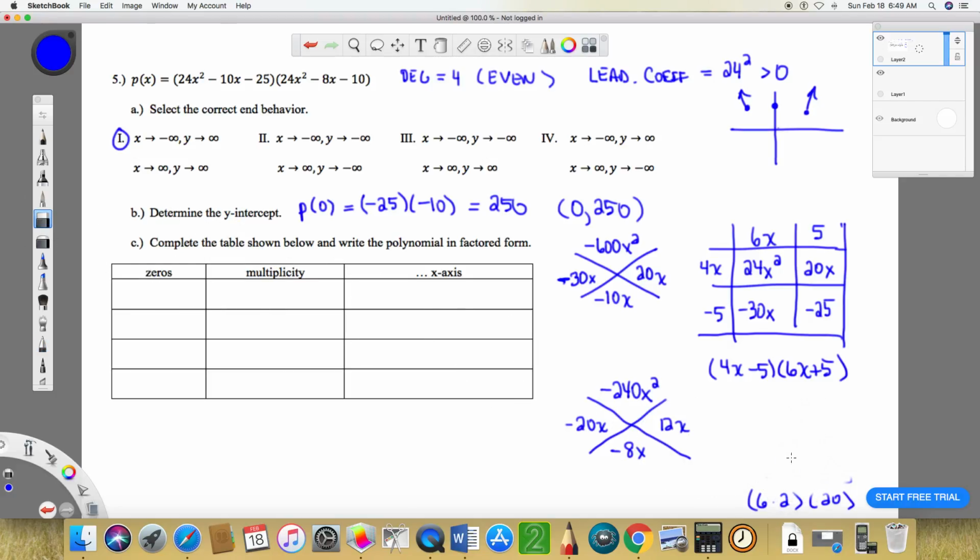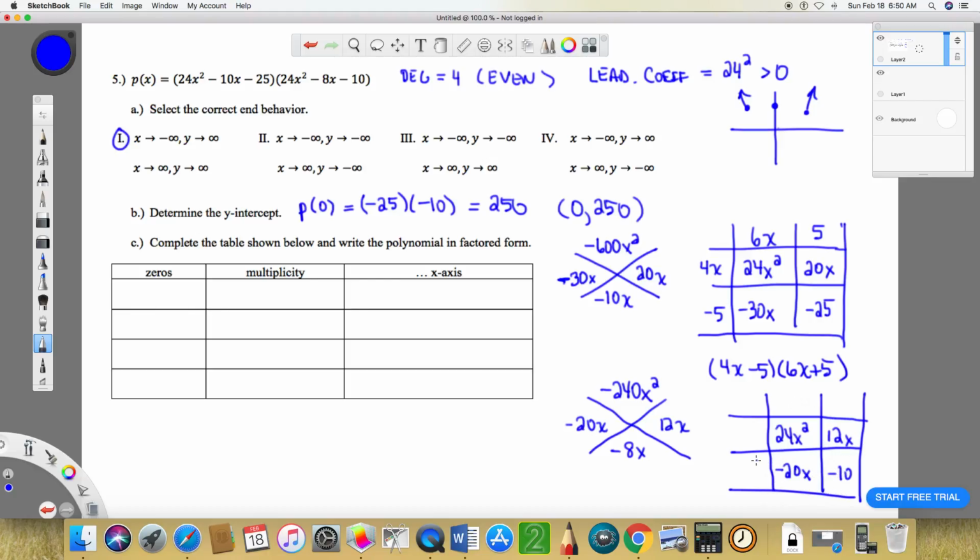Need this room probably for my table. So my first term and my last term, 24x squared, negative 10. The two values we found in our x, negative 20x and 12x.